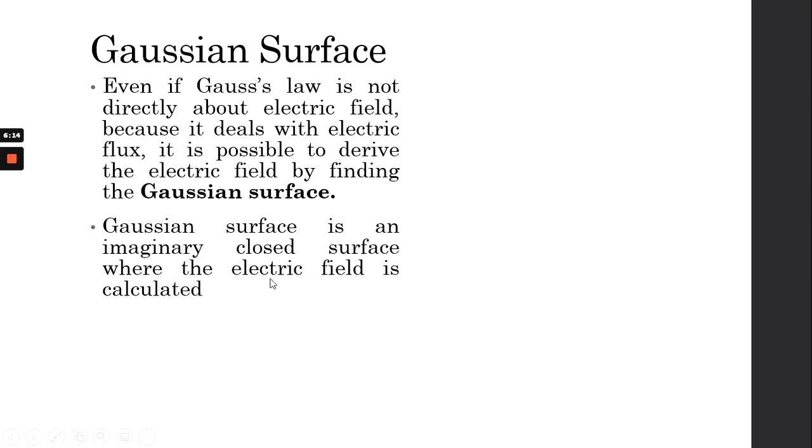But remember, in order for us to measure the electric field, number one, it should be consistent, and number two, which is a very important thing, it has to have a symmetry and distribution of charge.